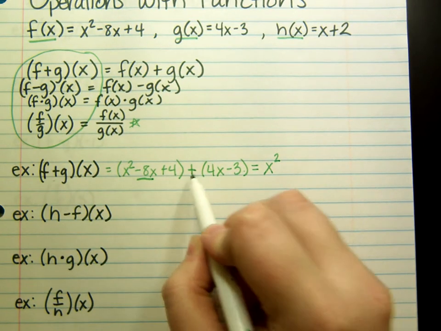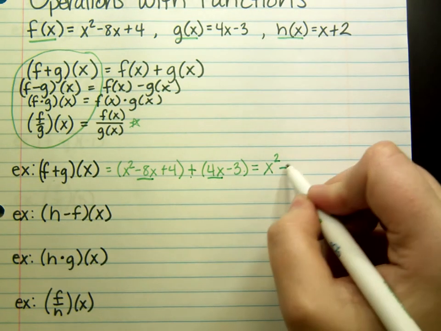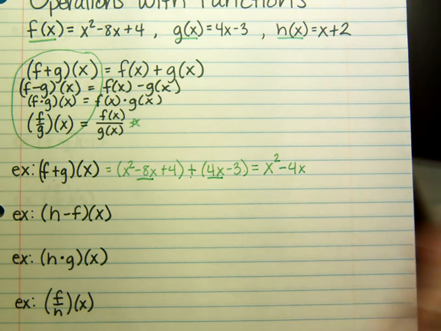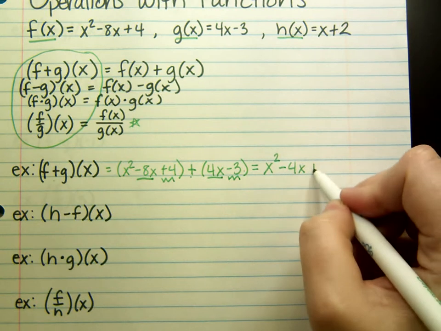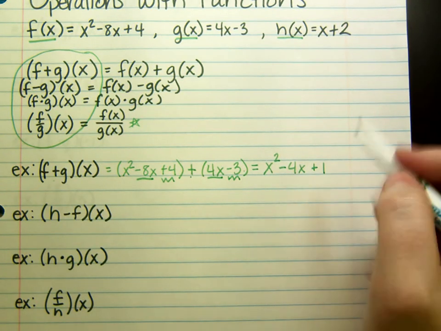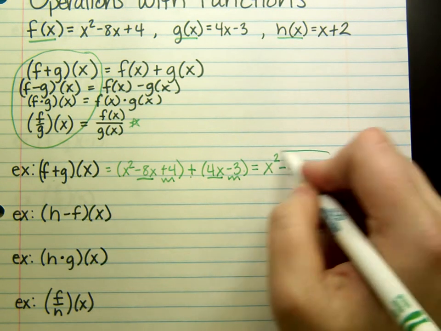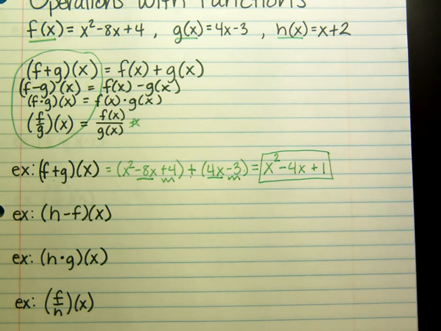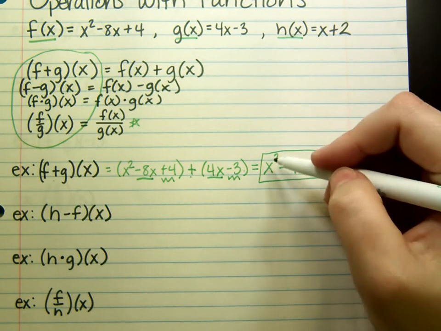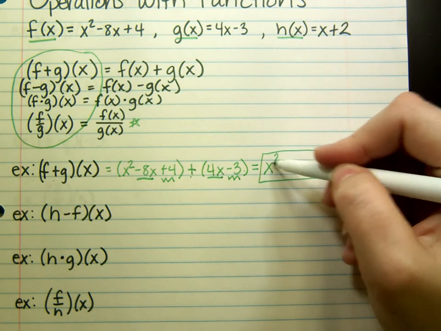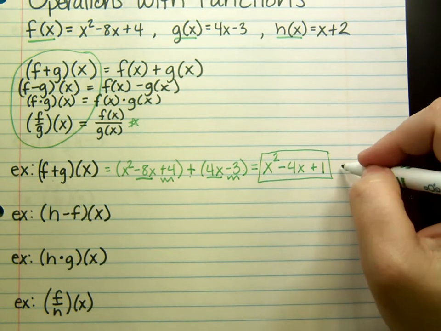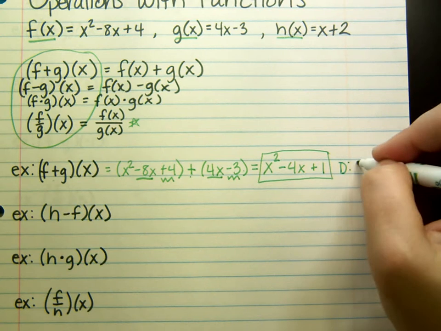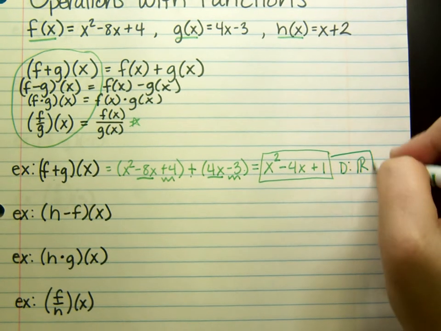Negative 8x plus 4x gives me negative 4x, and 4 plus negative 3 gives me 1. So when I add these together, this is the function I get. Now, because this is a parabola, an x squared, if you were to graph it, you're going to get a parabola, there's no x values that don't work, which means your domain is going to be all real numbers.